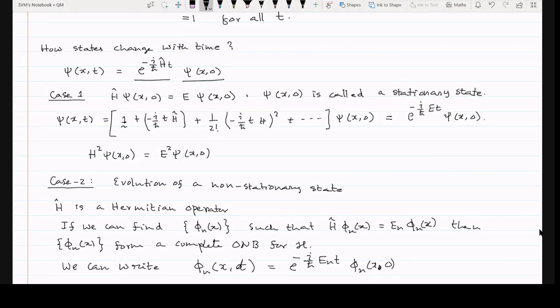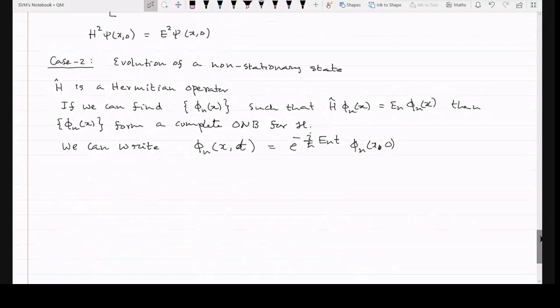So their time evolution is just a multiplication by a phase factor, where in the phase you will get the corresponding energy eigenvalue. Because of this, and since this forms a basis, we can write psi of x to be sum over n, some C n into phi n of x.